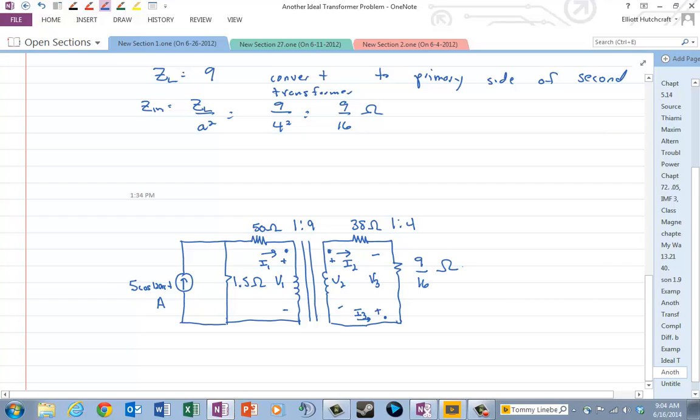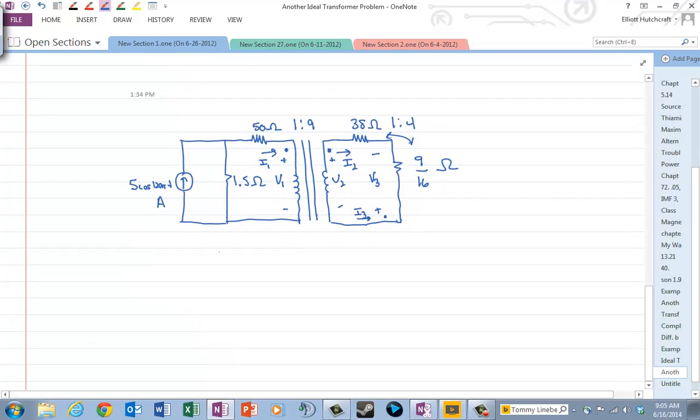Now notice I have 9/16 ohm and 38 ohm right here. Those two are in series. The same current, I2, or we could say I3, runs through them.